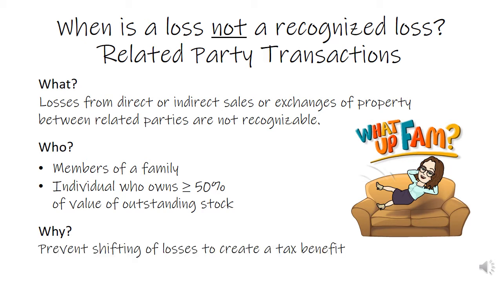This loss is prohibited because its allowance would create a possibility for losses to be shifted between and amongst parties so that the people with high tax liabilities can assume the loss so that they pay lower taxes. The IRS doesn't like that.